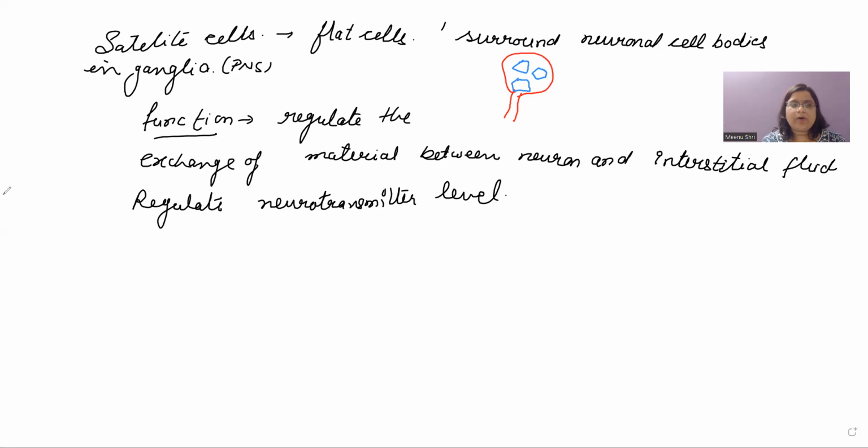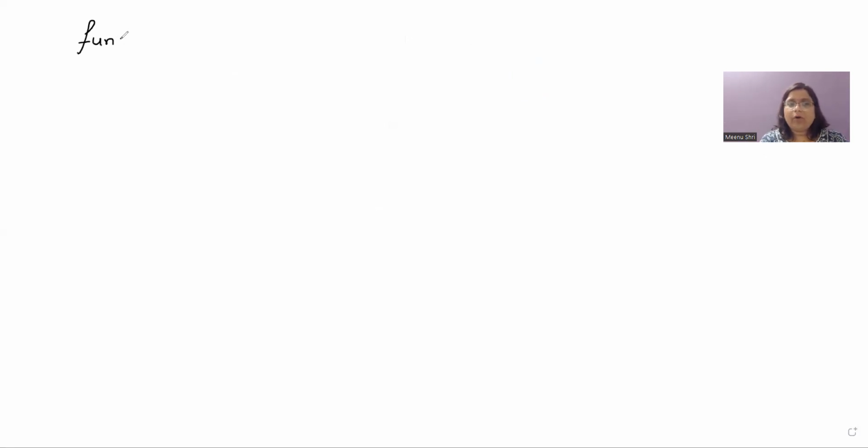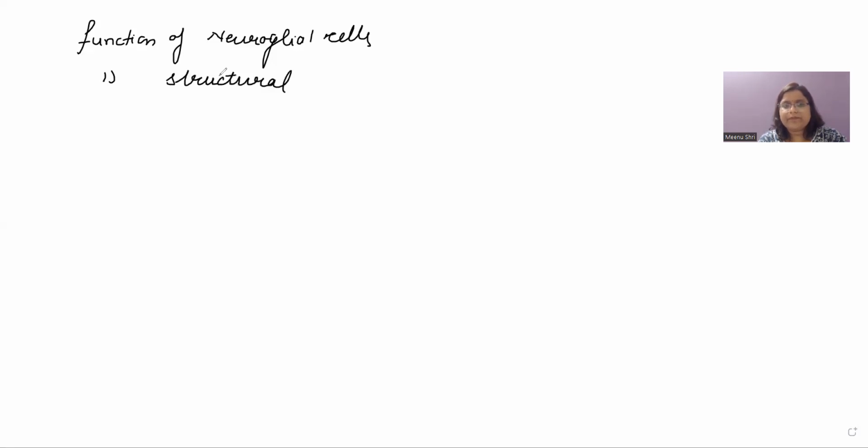Now I will summarize the functions of all the neuroglial cells. First is that they provide structural support. Second, they perform phagocytic action or remove the cell debris.